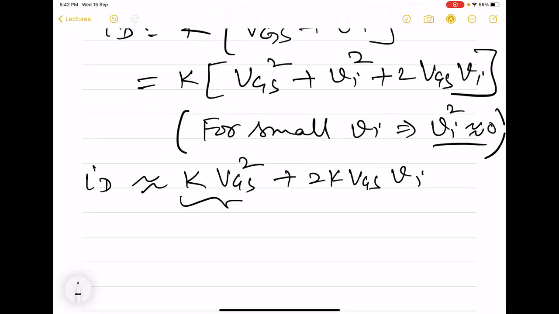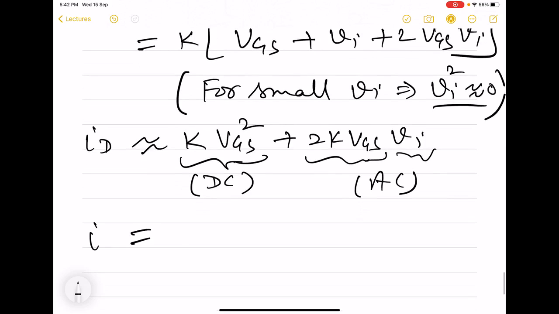Now you can see that this quantity is DC, independent of time, because K is constant and VGS is also constant. But here you can see that this part is time varying. So this is the AC part.